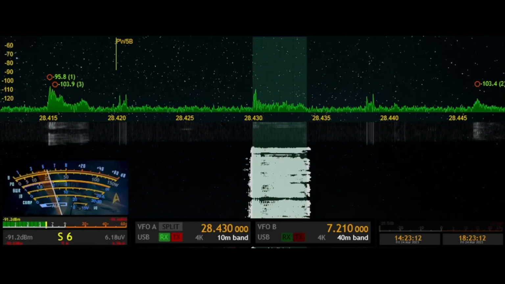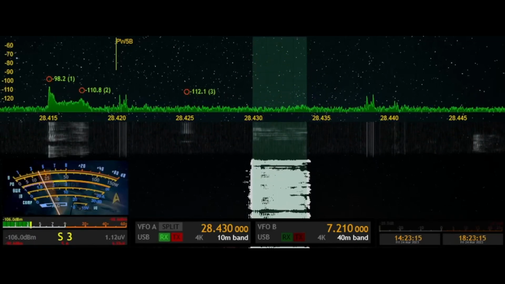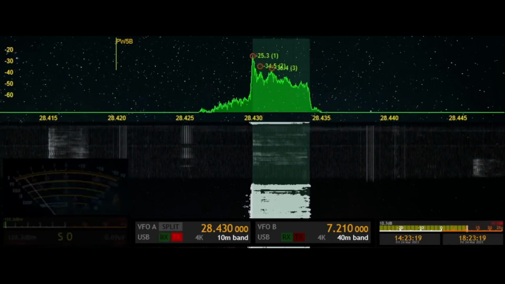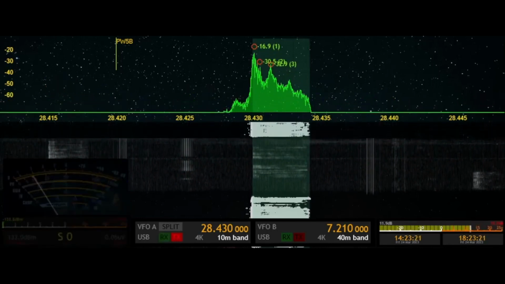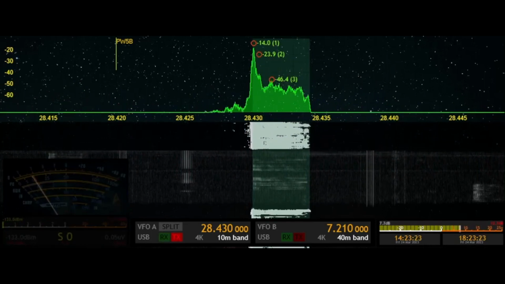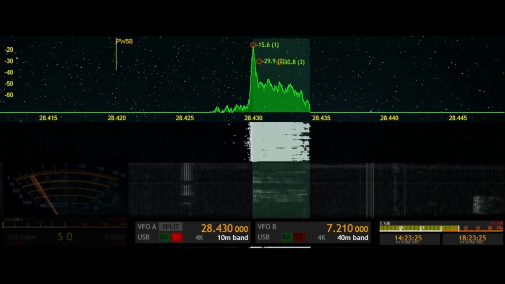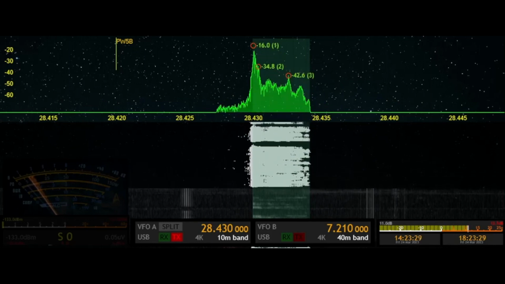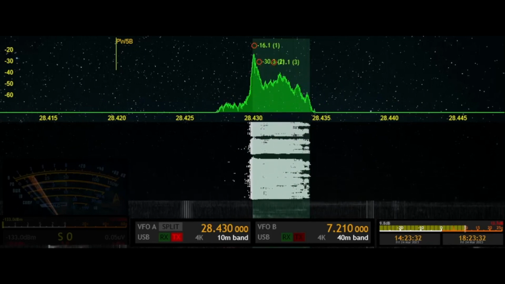Okay, let me find my Scarlett application. Yeah, but for that you're probably going to need to turn off the software. You have to exit the SunSDR application, do that, and then restart your computer.